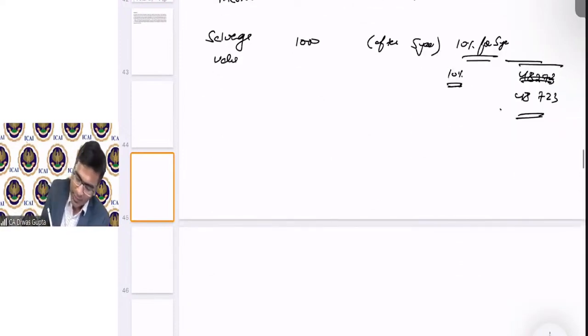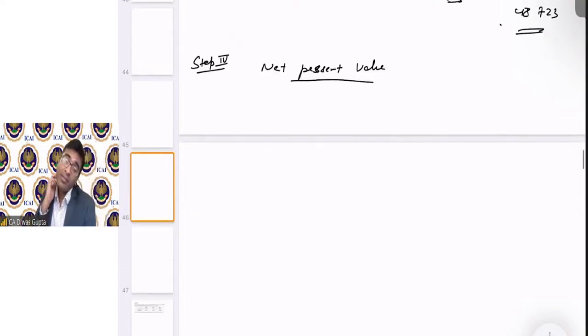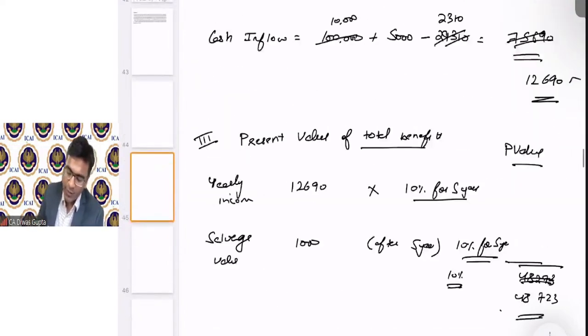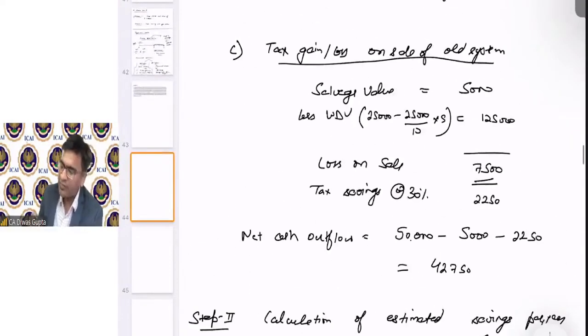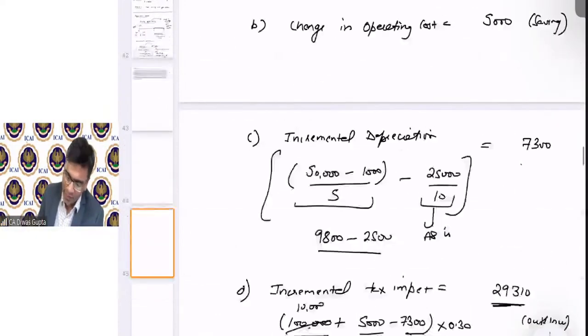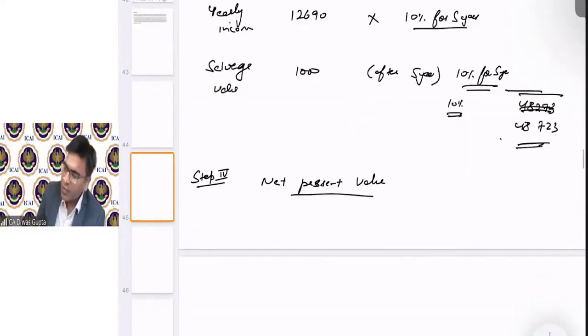So hence, in our step number 4, we'll just calculate the net present value. Again, this net present value will be incremental, students. The incremental cash outflow in step number 1 was how much? It was 42,750, right? And the incremental cash inflow in step number 3 is how much? 48,723.